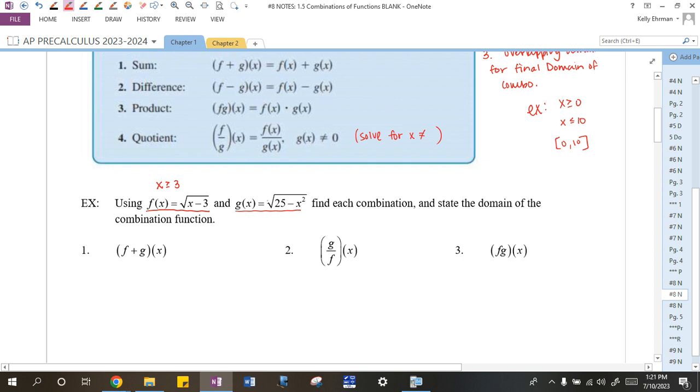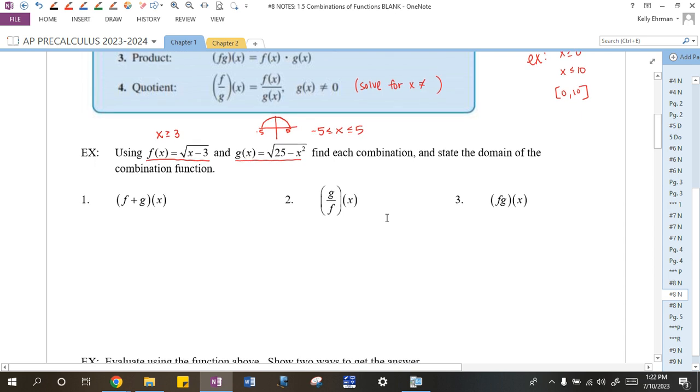We should recognize this square root of a difference of squares. Remember, this is your semicircle. This one has a radius of 5, square root of 25. So g's domain is that x should be anything between negative 5 and positive 5. When we combine these two, our domain is going to be anything bigger than 3 but smaller than 5. I'll talk about that in a minute.